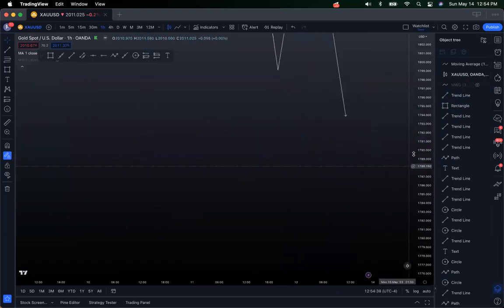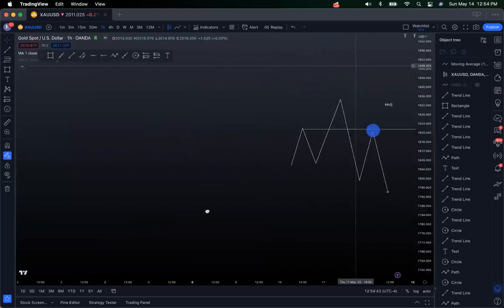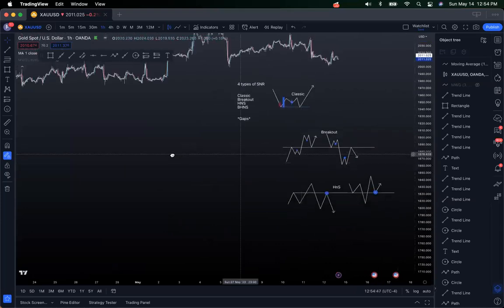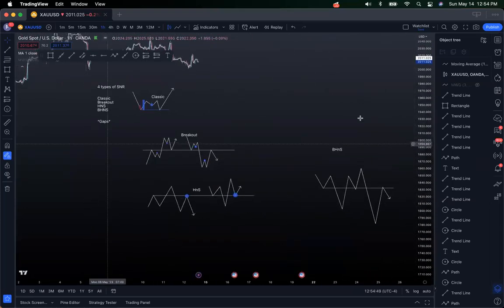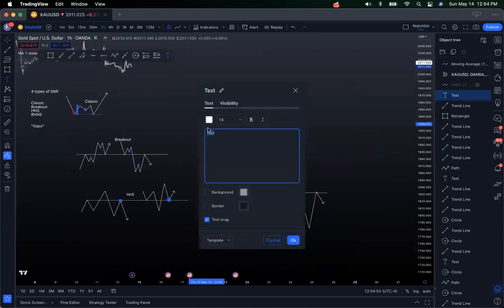Cool. So those are the 4 levels that you want to focus on. I'm going to give you homework now. Your homework is going to be: give me 100 screenshots of each SNR.